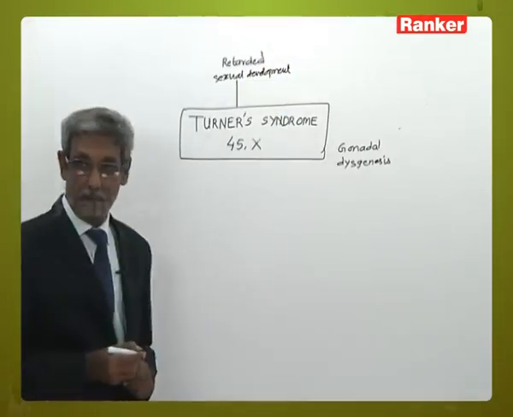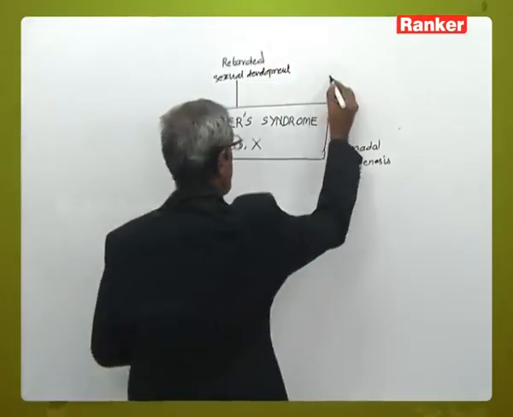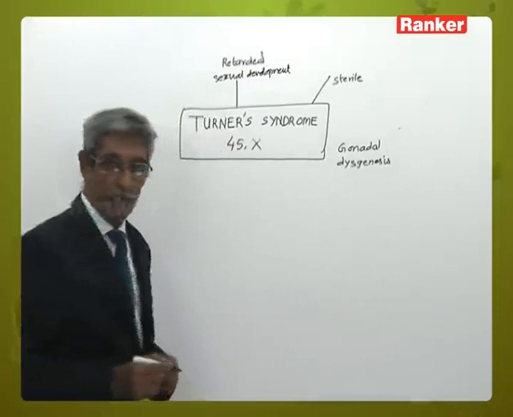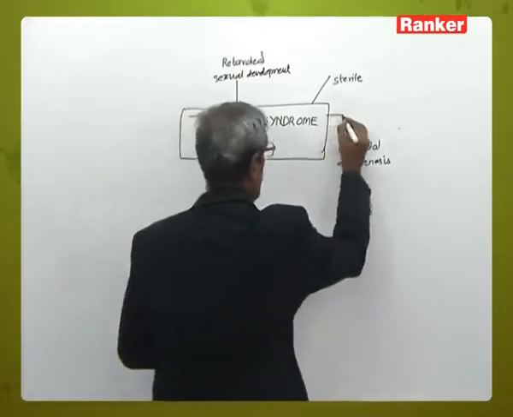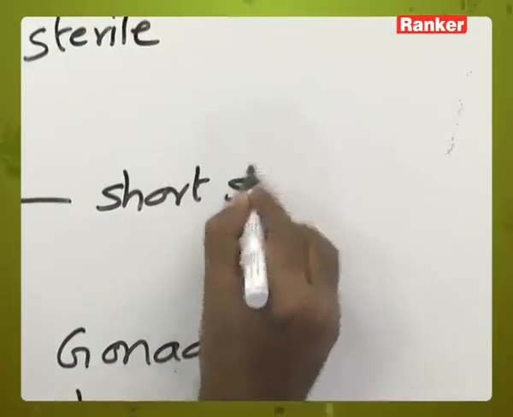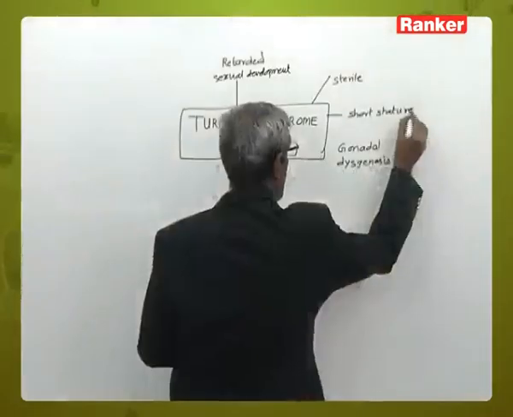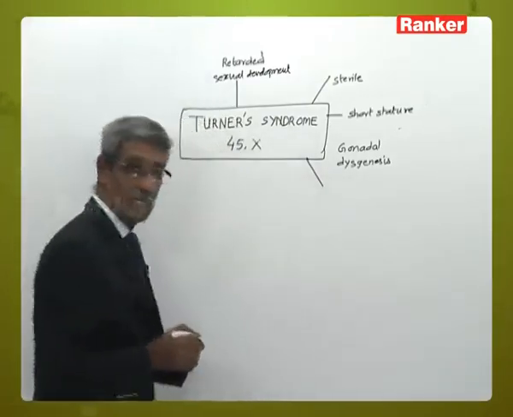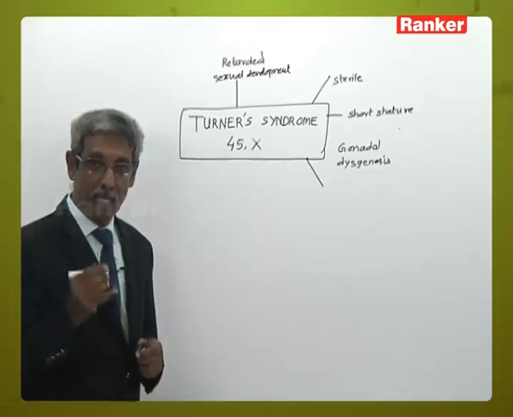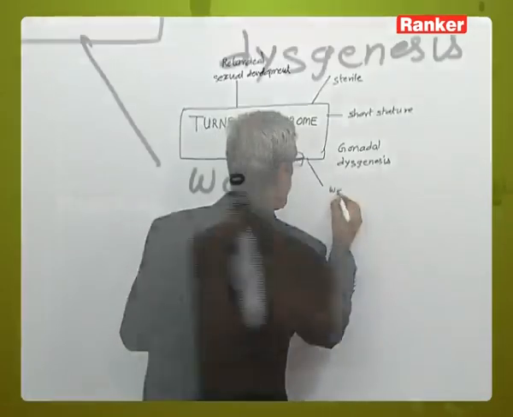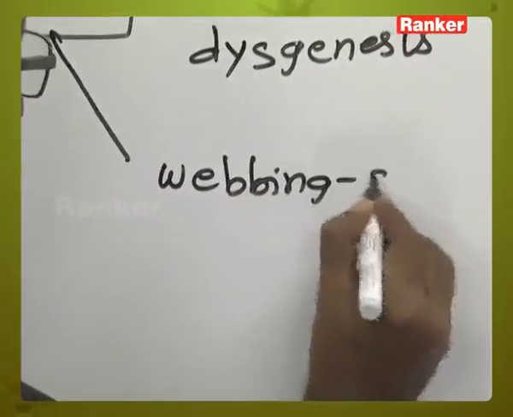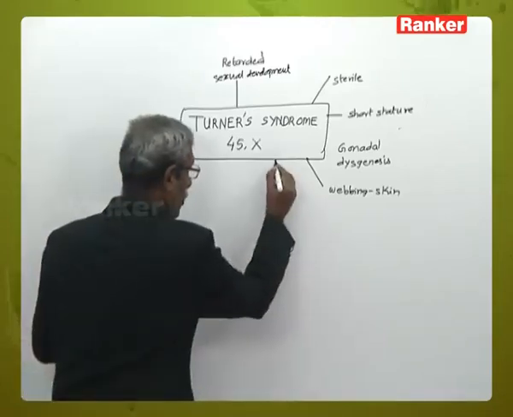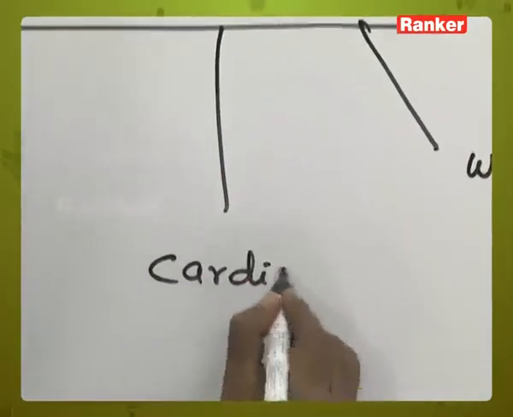The individual is sterile. They show a short stature. A very important diagnostic feature is the webbing of the skin in the neck region, and it is also followed by cardiovascular abnormalities.